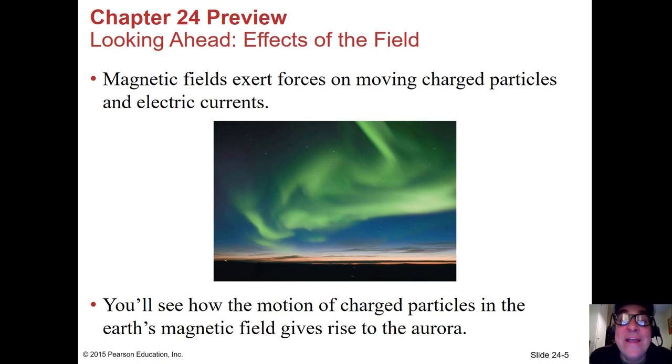If we did not have a magnetic field, over time our atmosphere would be completely blown away. That's what's happened, not completely, but almost completely blown away. That's what's happened on Mars, actually. So luckily for us, we have a magnetic field. Not only can we see this beautiful picture here, it protects us from these charged particles moving towards us from the sun. Okay, so we'll see how that works out.